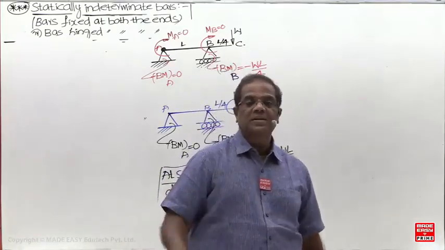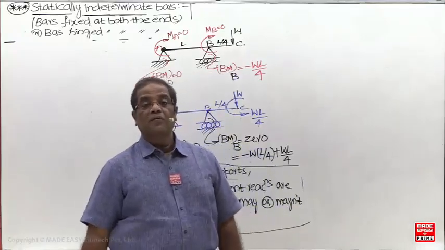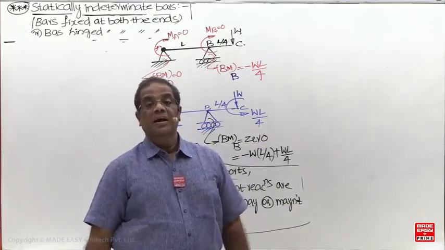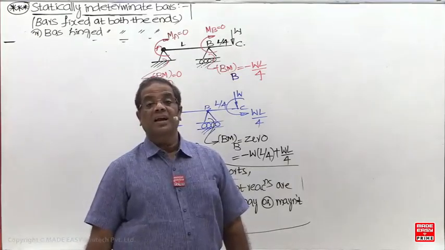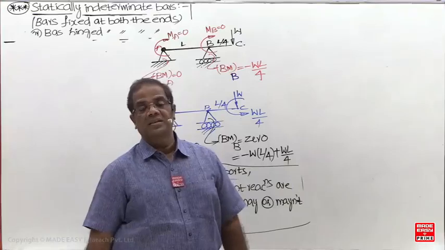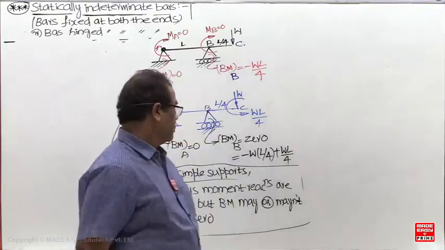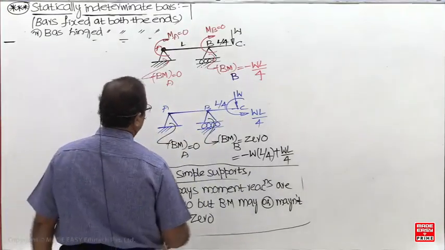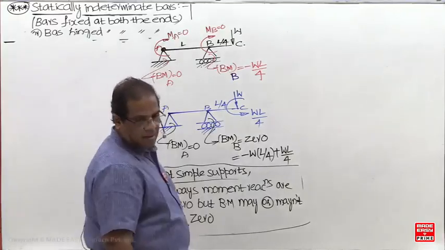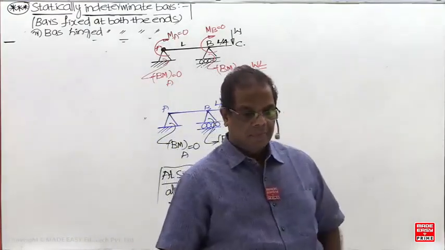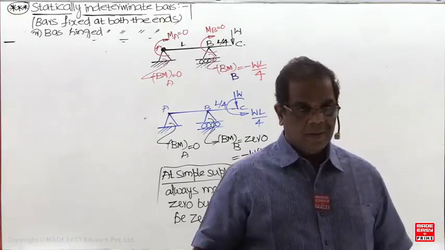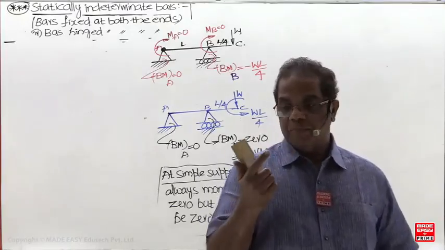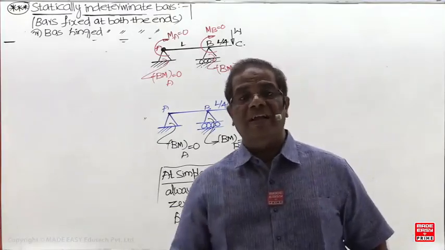There are 4 statements. Out of the 4 statements, A and D are correct for simple supports. A, B, C are correct for simply supported ends, where both bending moment and moment reactions are 0.